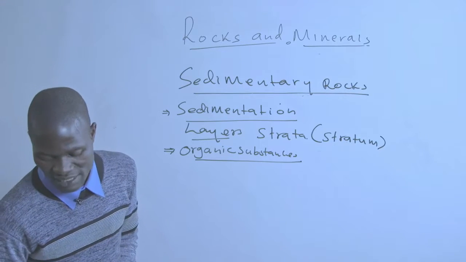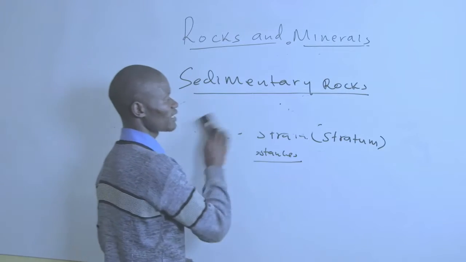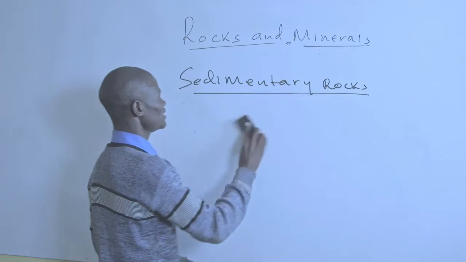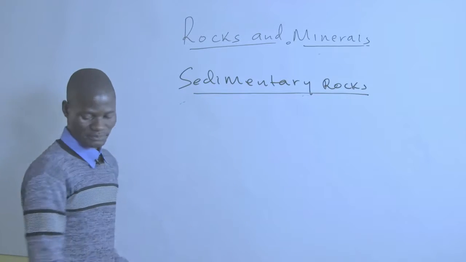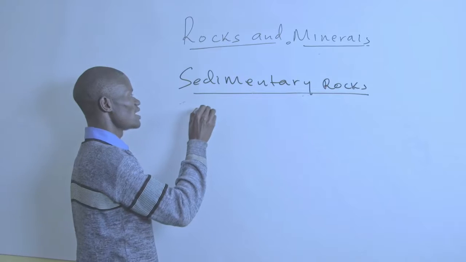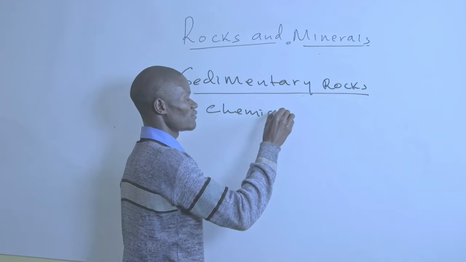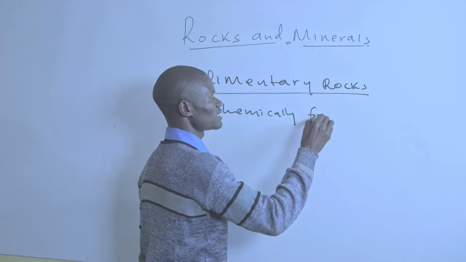Sedimentary rocks are also classified. You can give it 3 classes. They are further classified into 3 classes. We have the sedimentary rocks that are formed as a result of chemical formation. Therefore, we have the chemically formed sedimentary rocks.